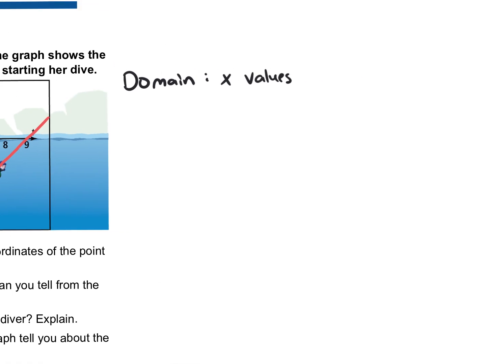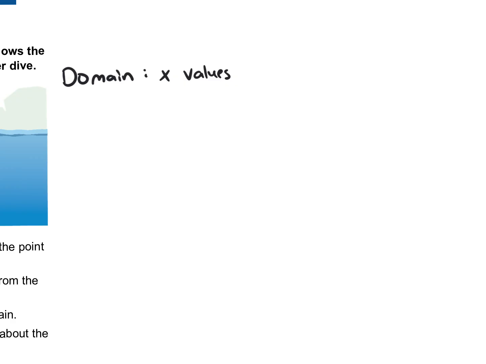What's happening with the domain? Here are more definitions. We are going from the lowest X, I'm going to say smallest X, to the highest X value.